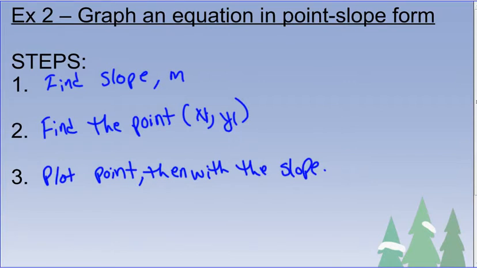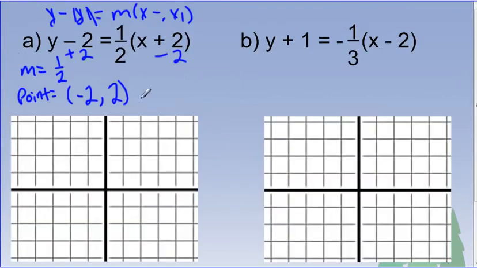For example, our point here is at negative 2, 2. There's our point. Now the slope tells me to go up 1 over 2. That's moving with the slope. Up 1 over 2. I'm out of space this way. Let's do the reverse. Do the opposite. So you go down 1 over 2 this way. Down 1, out of space.